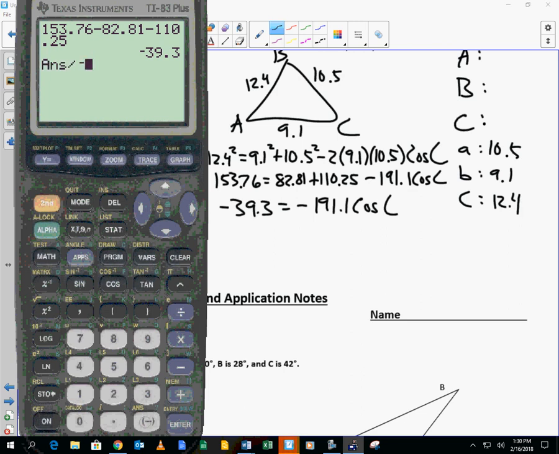So what do I do to solve? Divide by negative 191.1. So is cosine positive or negative? It's positive. So which quadrant am I going to be in? The first quadrant. So am I acute or obtuse? It's acute. So turns out that there are no obtuse angles in this triangle because this is the biggest angle we're solving for. 78.13.